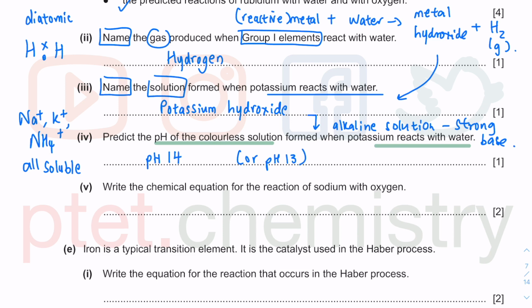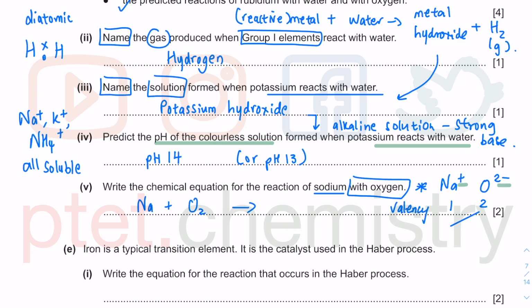Now the next one is a reaction of sodium, but this is with oxygen. So they will form an oxide of group 1. So sodium forms Na plus ions, O2 minus from the oxygen atom, and this is 1 and 2. These are what you call valency. The combining power of the ions is based on the charges of the ions, from year 9 actually.